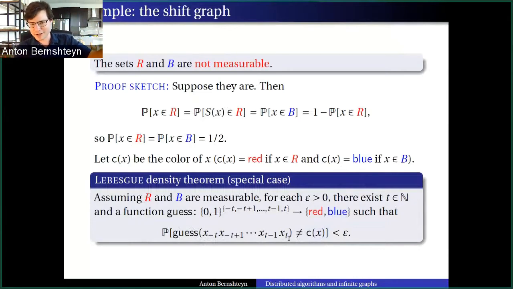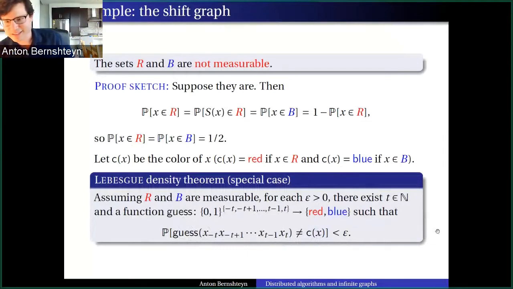So I have this guessing function that takes as input sequences of zeros and ones of length 2t, and it outputs a color, either red or blue. And this guessing function is pretty good. The probability that my guess based on this finite amount of information is incorrect, so the color is actually different from the color of the vertex x, is less than epsilon. And this can be arranged for any given epsilon by taking t to be large enough.